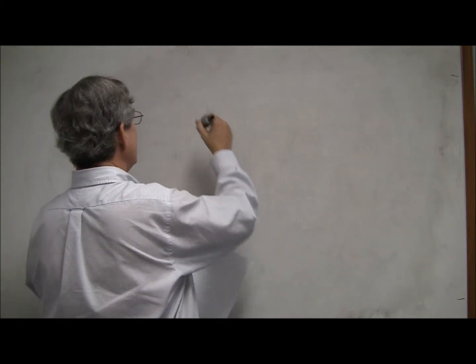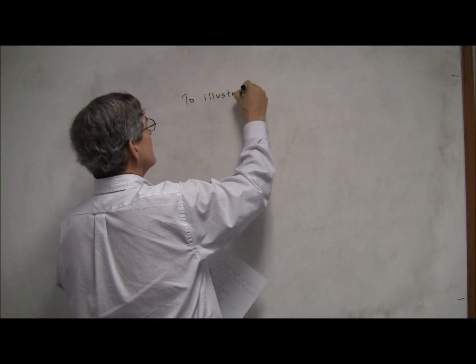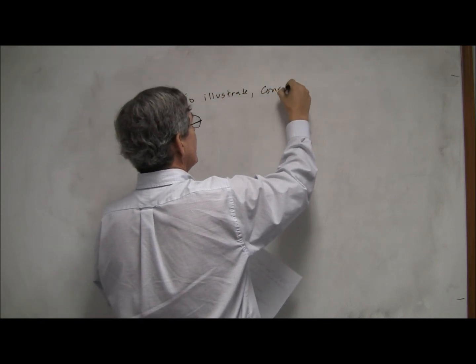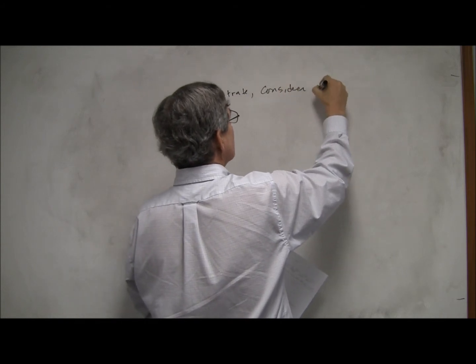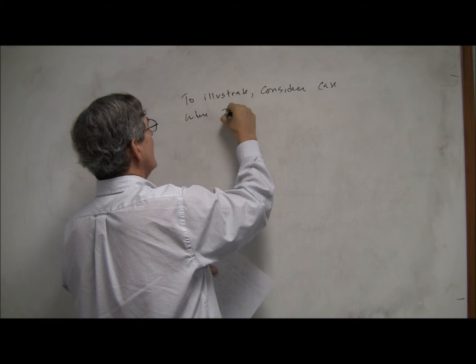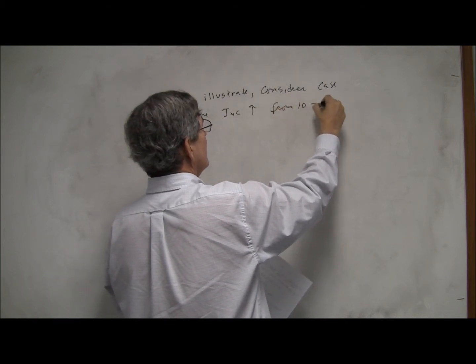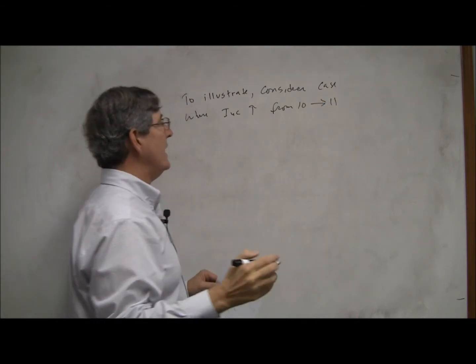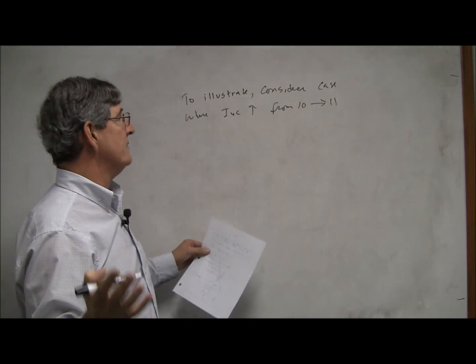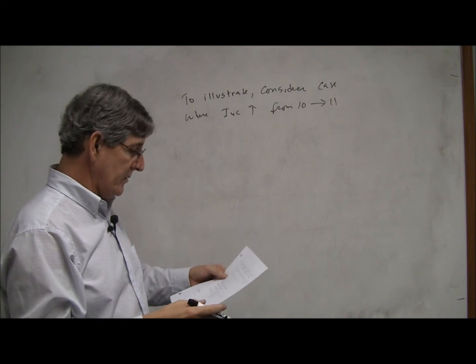So to illustrate, consider the case where income goes up from 10 to 11. And you can see how to generalize this from 40 to 41 or 26 to 27 or whatever you want to do.